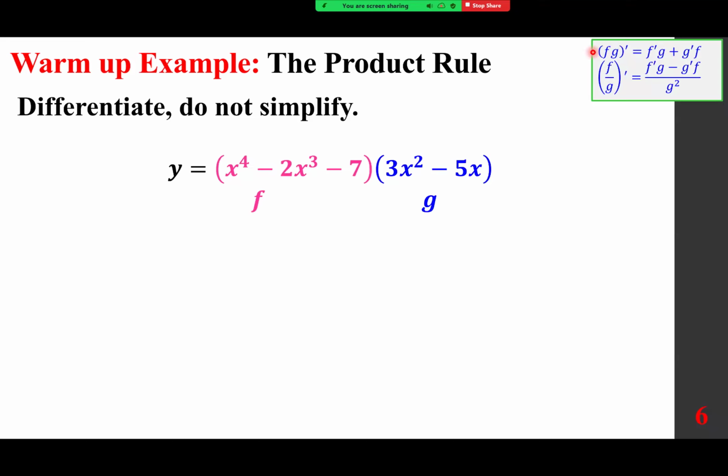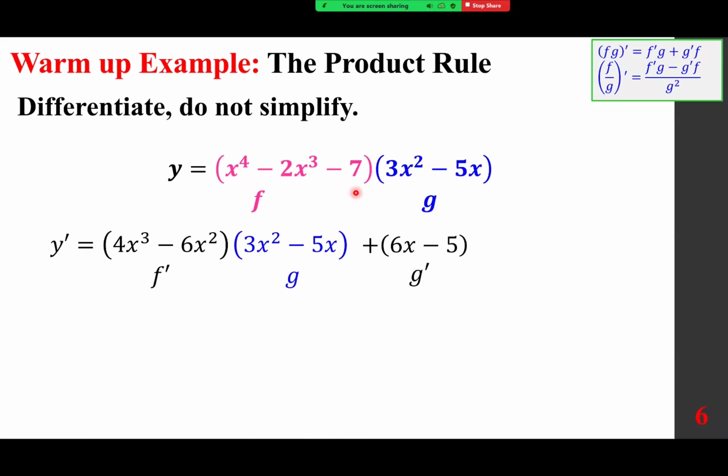If you haven't, I'm going to write the formula, and I'm going to say I need f prime, which is 4x cubed minus 6x squared times g, which is simply the blue function, plus g prime, which is 6x minus 5 times f, the red function.